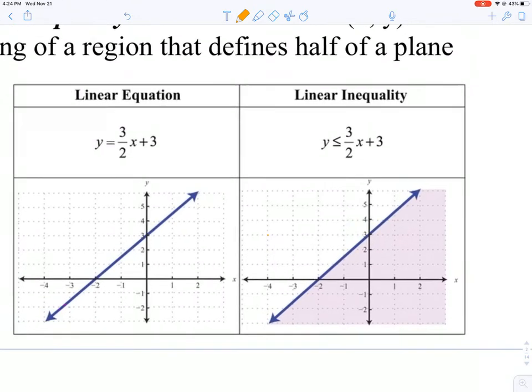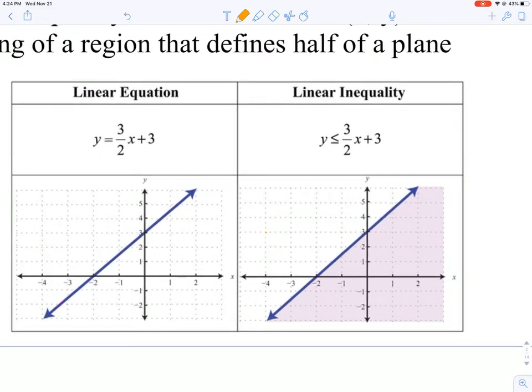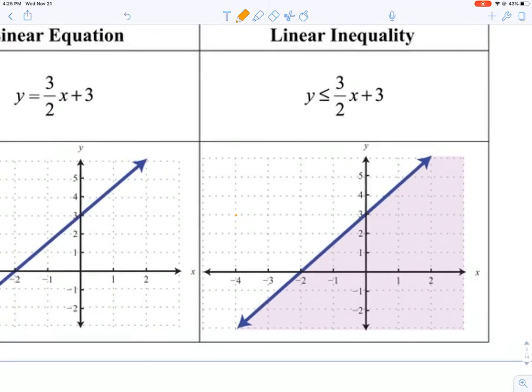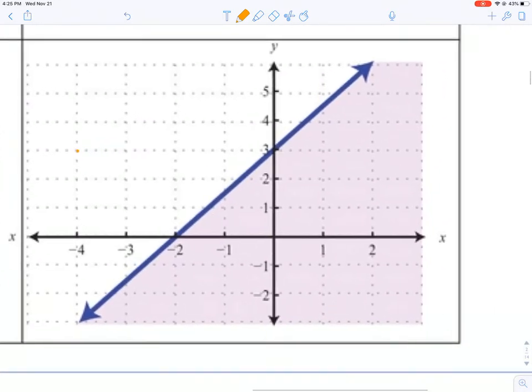So I have an example here. This linear equation and linear inequality look very similar. For the linear equation, it's a line with a slope of 3/2 and a y-intercept of (0,3). And then the linear inequality has a boundary line that ends up being the same as the linear equation, with a slope of 3/2 and a y-intercept of (0,3). But notice that it also has the shaded region.